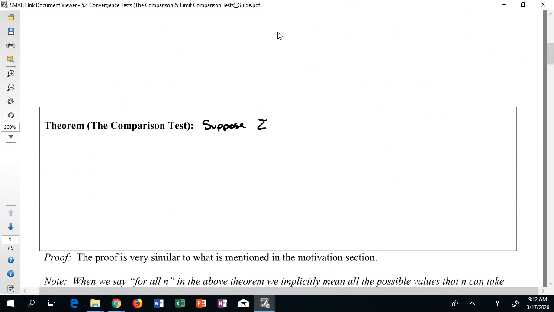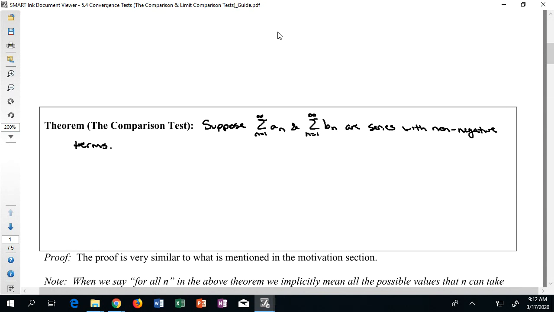Suppose that I have a series with A sub n and a series with B sub n. And these are series with non-negative terms. We saw up above that we had series with non-negative terms.